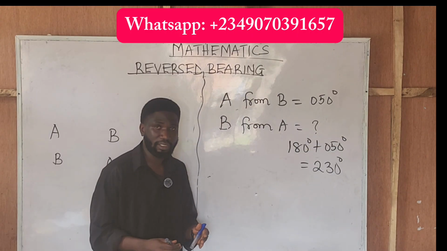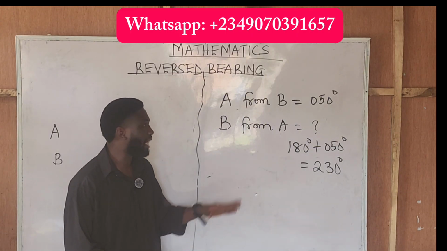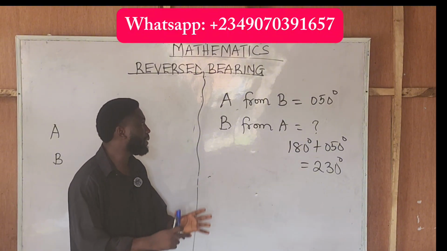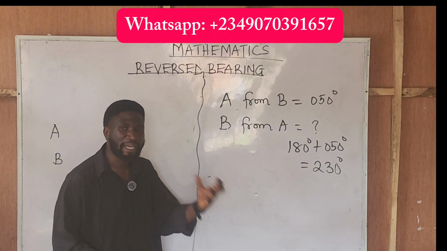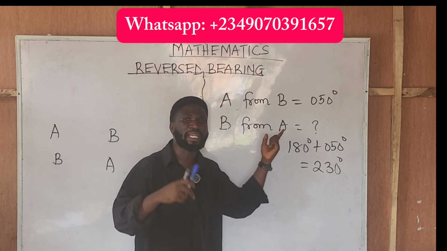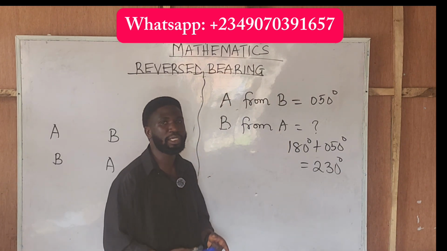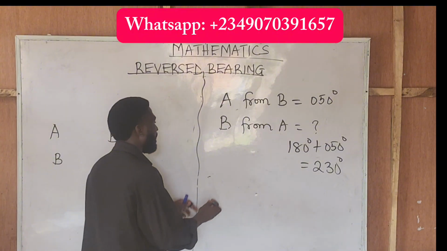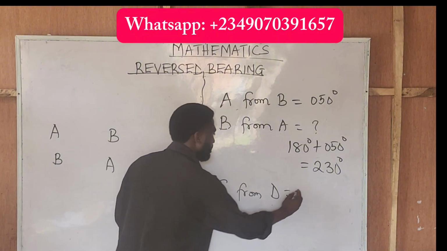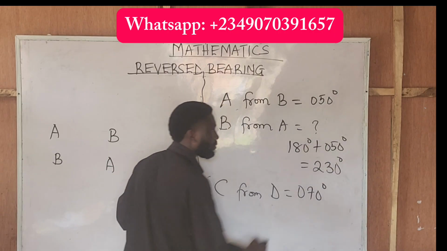Do you understand? We are going to be using the other method in answering this question, but I just want us to understand this very simple method. If the bearing given to you is less than 180 degrees, to get the other bearing, just add 180 degrees to it. So let's say we have C from D to be 70 degrees.